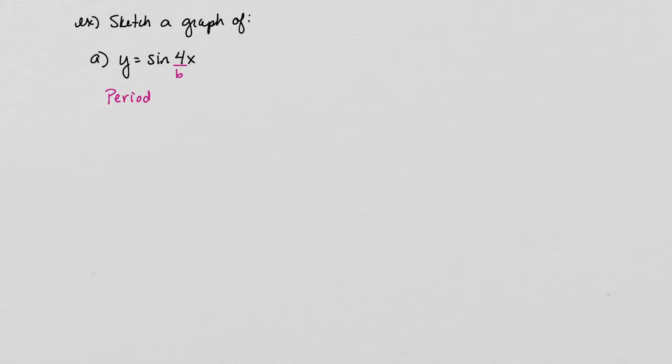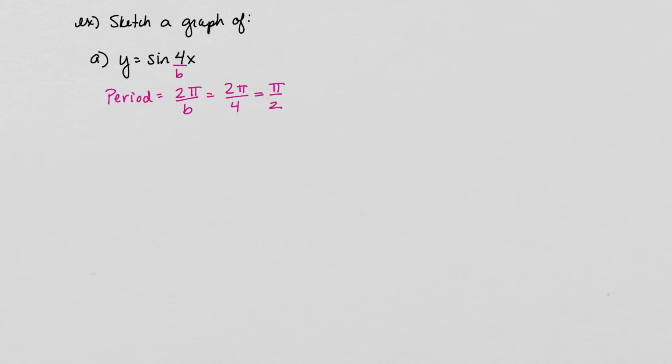So for example, sketch a graph of, okay, the first one here, y equals the sine of 4x. So this is my b. So my new period here is going to be 2 pi over b, or 2 pi over 4, which is pi over 2.